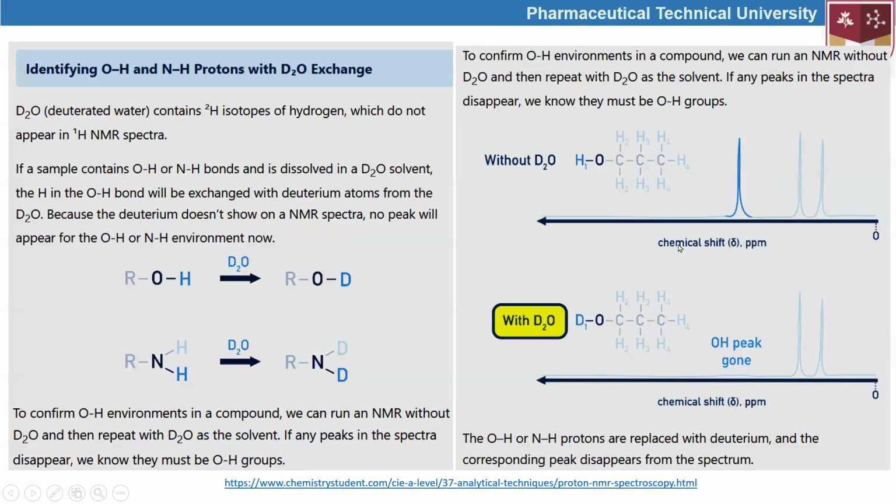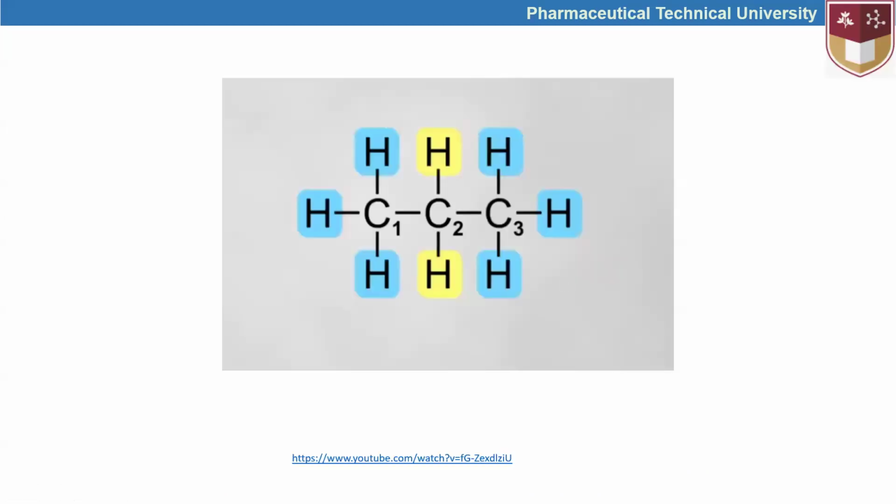Then we can conclude that this peak belongs to OH. This kind of approach helps us to confirm the OH environments in a compound, by using samples with and without deuterated water.